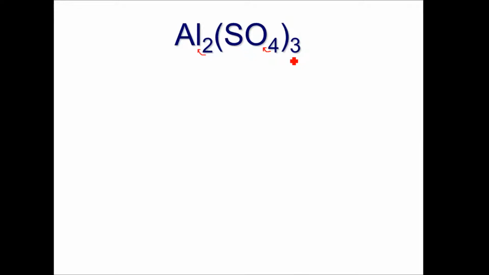So it goes to whatever is right before. But if you have a parenthesis, this 3 will get multiplied by every single thing inside the parentheses. So this 3 gets multiplied to the sulfur, and it also gets multiplied to the oxygen as well. So now we are going to have 2 aluminums, 3 sulfurs, and then 12 oxygens. Everything gets multiplied here, no adding when you distribute.